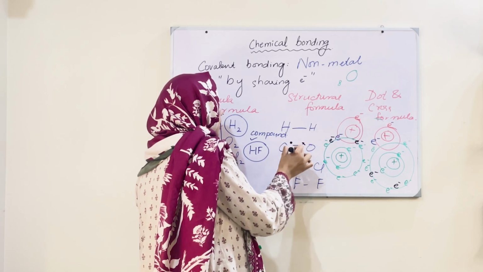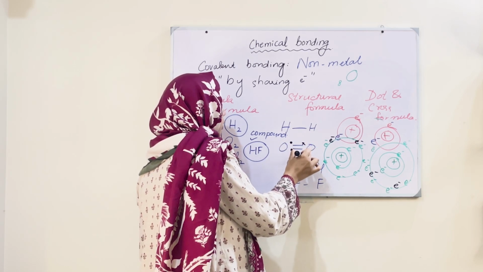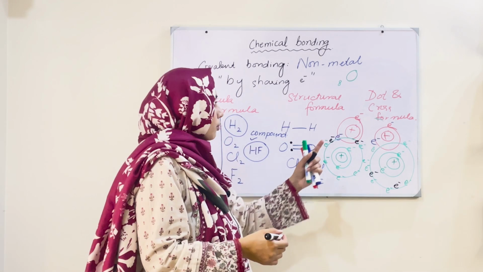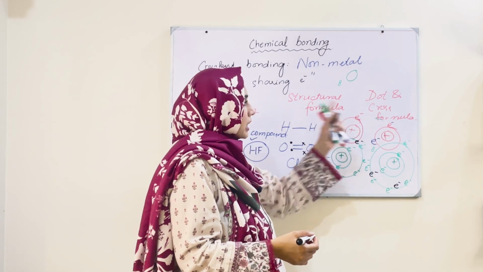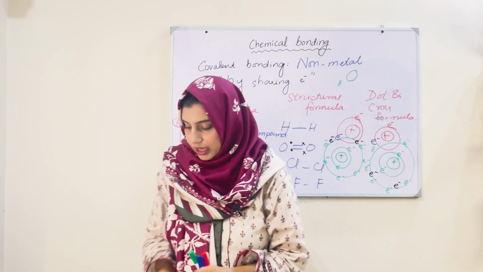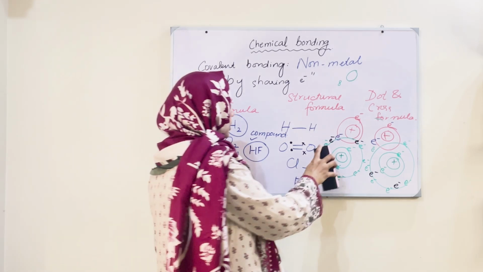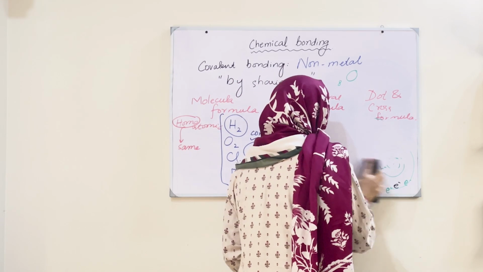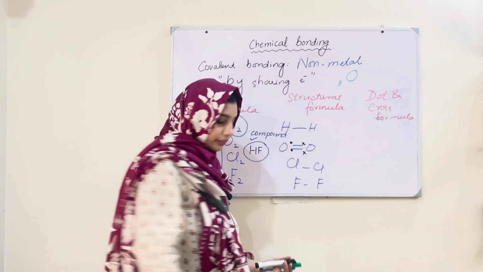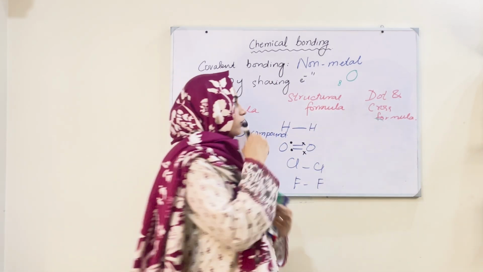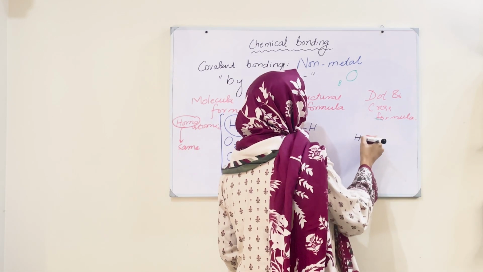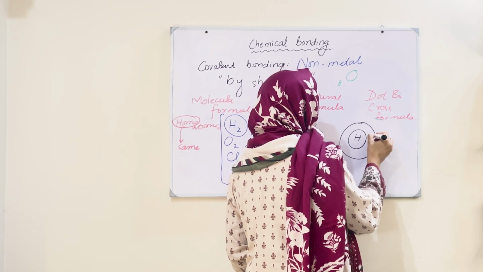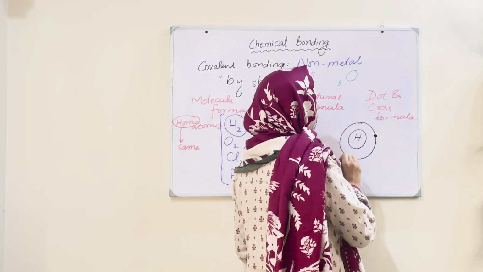So we represent this with dot and cross. The electrons which I drew as E are represented by dot and cross. Let's describe dot and cross now. For example, this is one hydrogen and it has an electron, and we represent that electron with a dot.